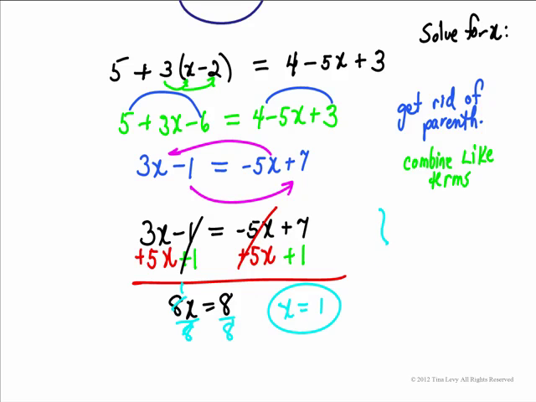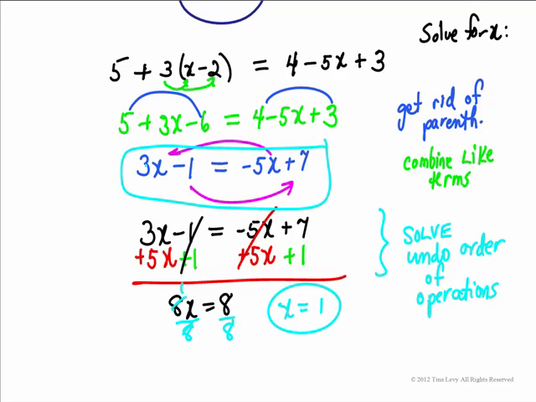The important thing was from this step, this is where I was solving by undoing the order of operations. So the important thing was to get one variable and one number on each side of the equation. That's the point at which you start solving the equation, by undoing order of operations.